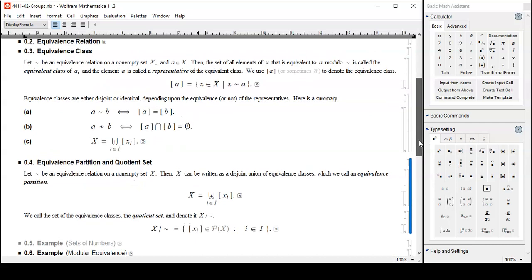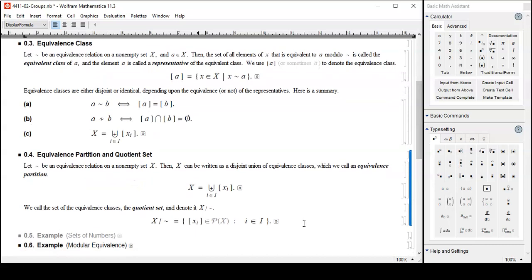And now, if we define another set like this, the set of all equivalence classes, as the quotient set, it's well defined because you see we have the starting set, the power set of X. This one here is a subset of X, or it belongs to the power set of X. So this is well defined. And we define a quotient set like this.